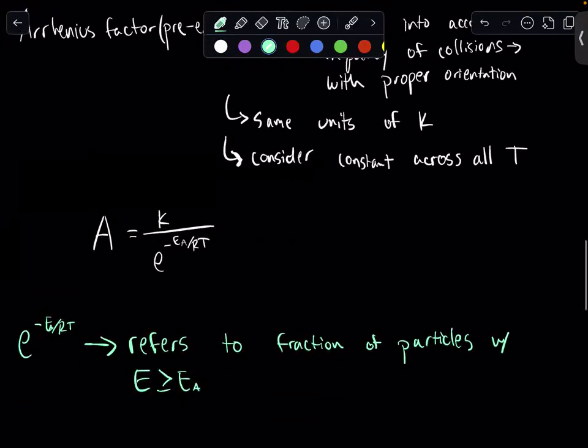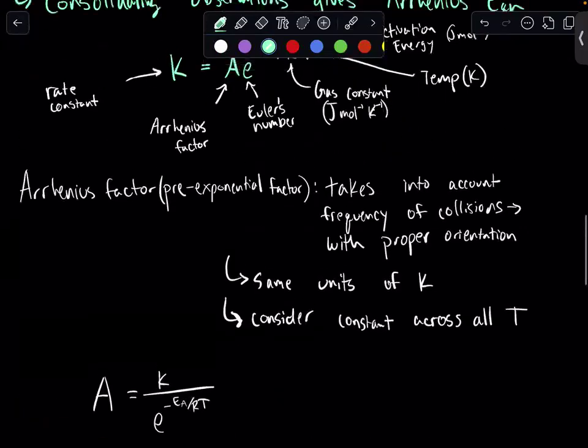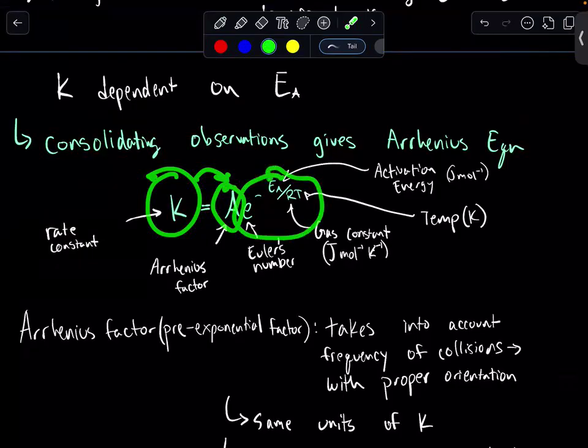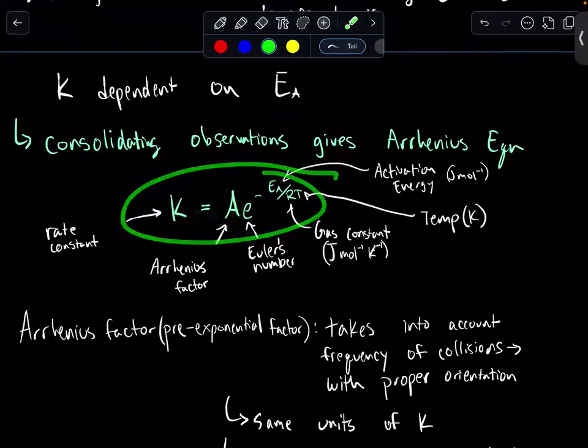So now that we understand these two parts, we can look back at our equation and see that the rate constant K is a function of the fraction of particles that have the correct orientation and the fraction of particles that have the correct energy to react. And so that is all what goes into determining our rate constant K, which is proportional to our rate.